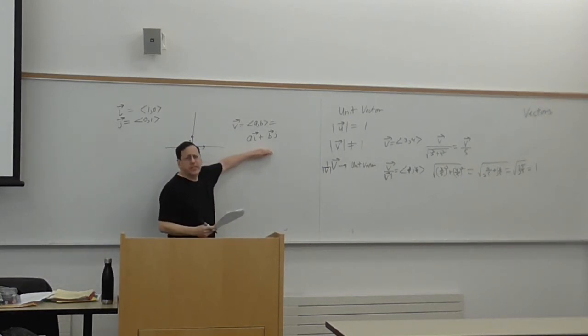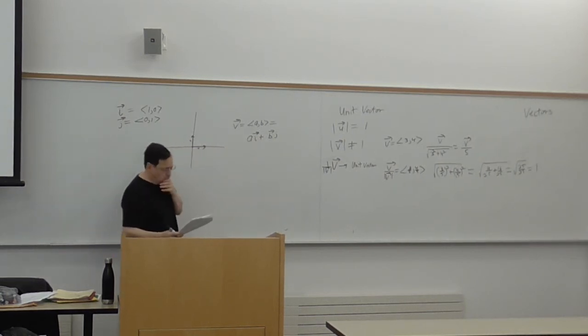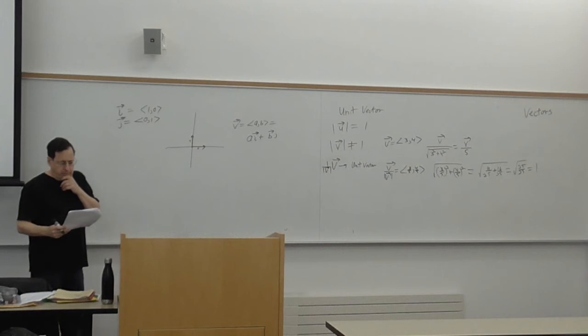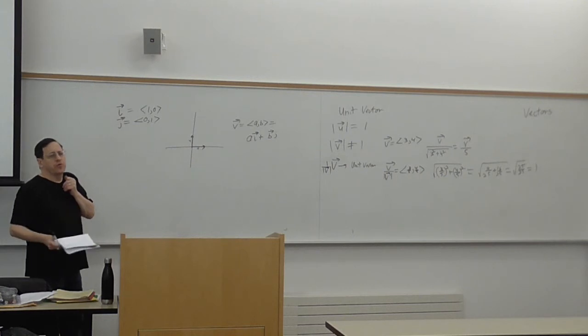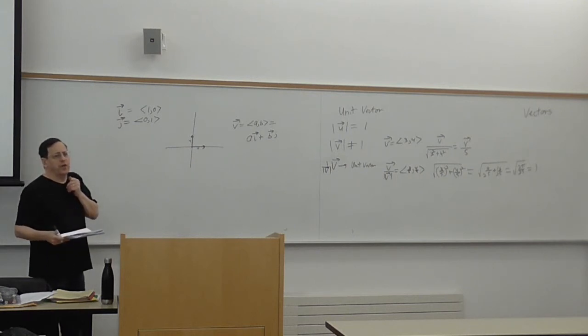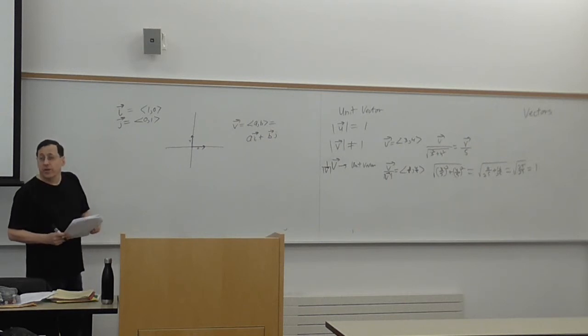This is what we call a linear combination of these vectors. You may have heard there's a class a little beyond calculus called linear algebra. It's the same linear, right?